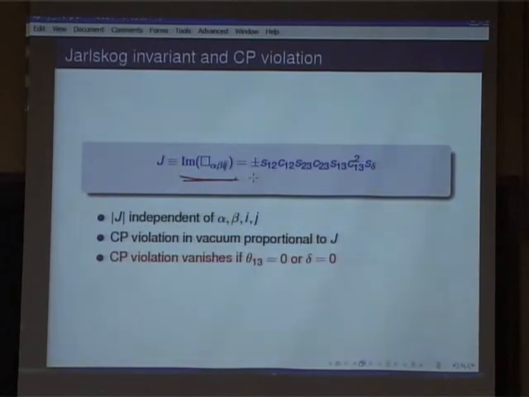So you can go to that parameterization of UPMNS, pick any rectangle and calculate the bracket corresponding to that rectangle.